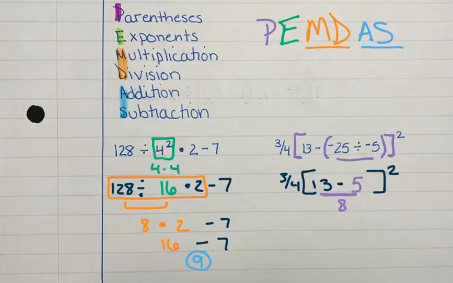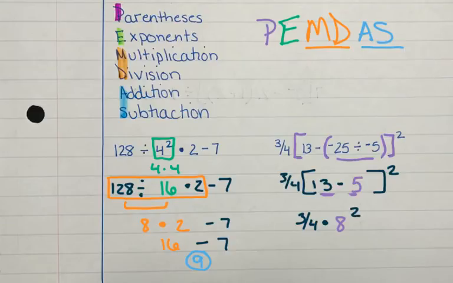And now I'm going to bring everything else down. So I've got, I'm going to give myself a little bit more room. So I've got 3/4. And when it's outside a set of brackets or a set of parentheses, it's multiplication.